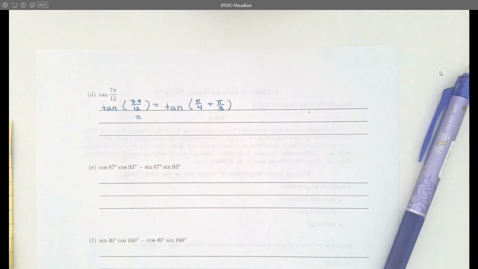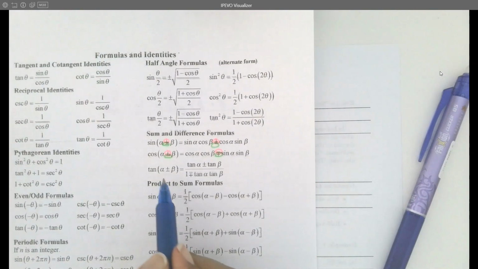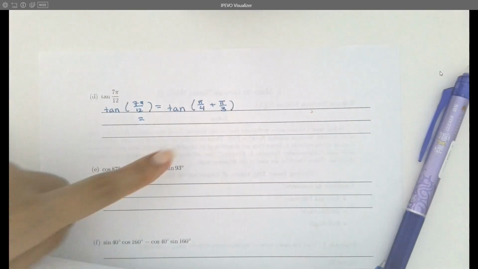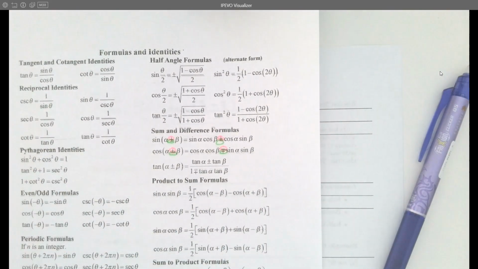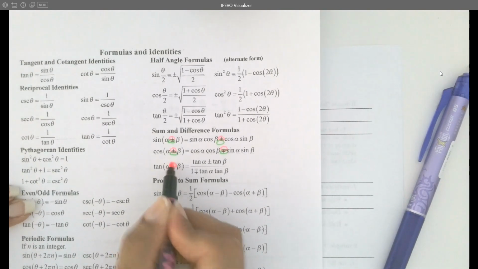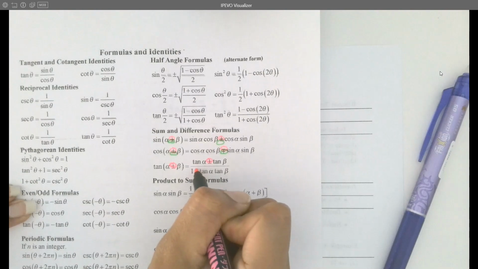And now we didn't really dissect the formulas for tangent, so let's look at them directly on the formula sheet. The one that we're looking for is one that has plus. So here, that would be the top symbol. And picking the top symbol on the left-hand side means picking the top symbol everywhere on the right-hand side.